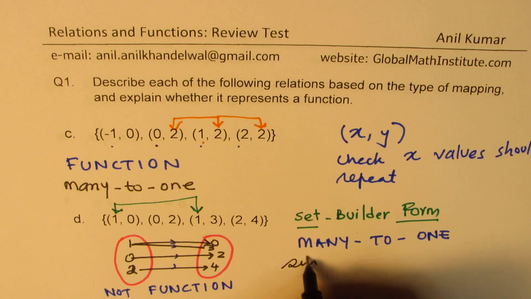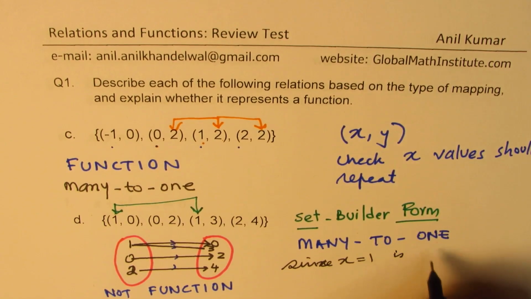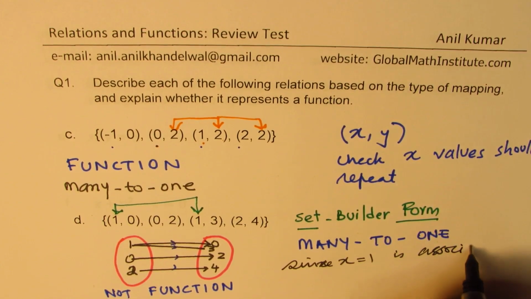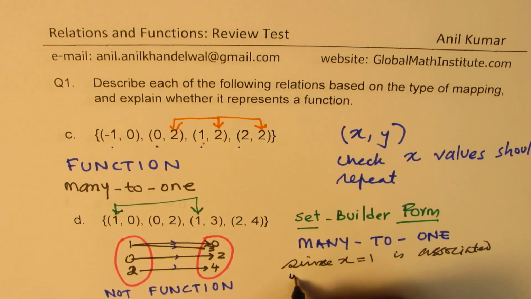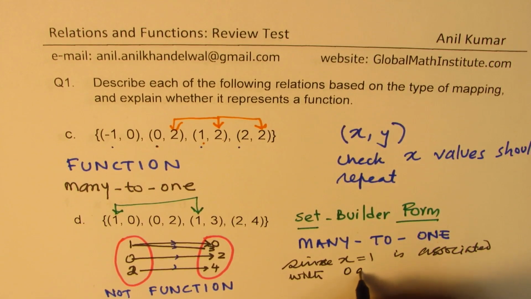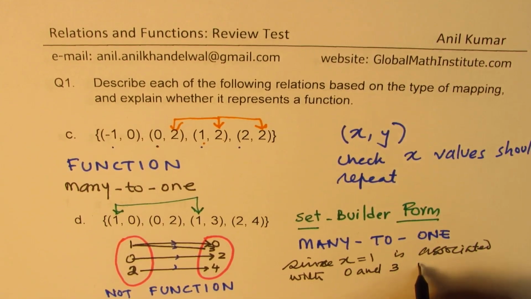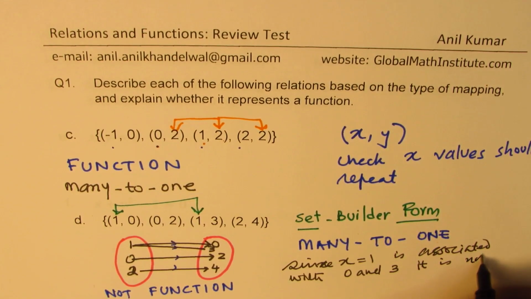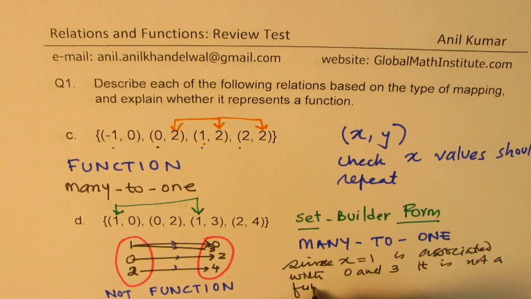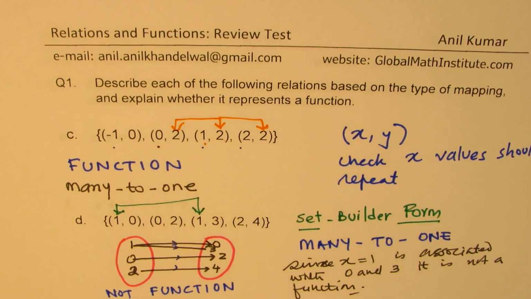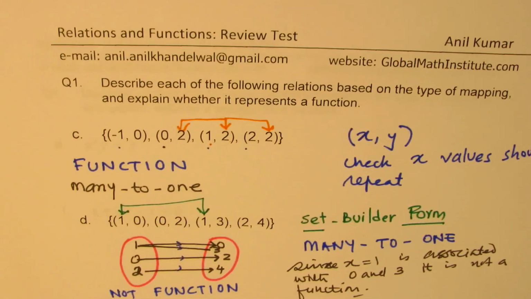So since x equals 1 is associated with 0 and 3, it is not a function. Is that clear to you? So either way, you can make a mapping diagram and explain as we did, and a many-to-one relation is not a function.